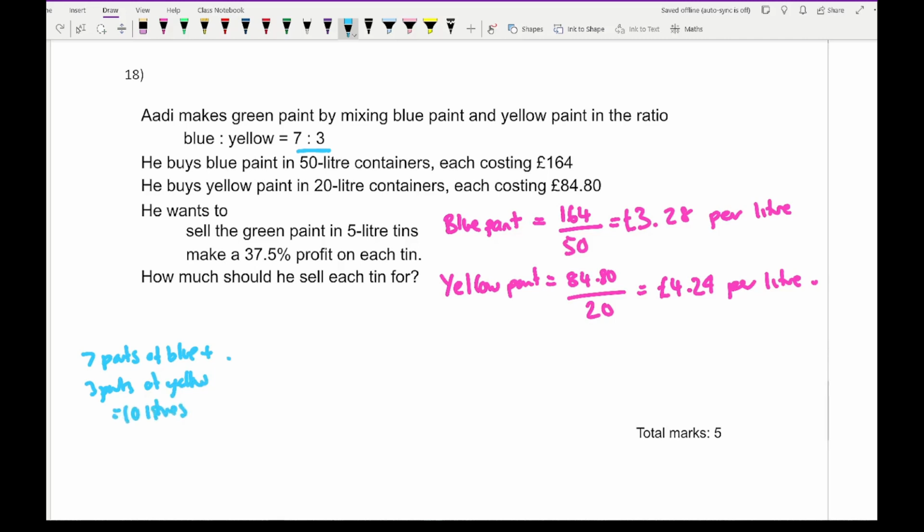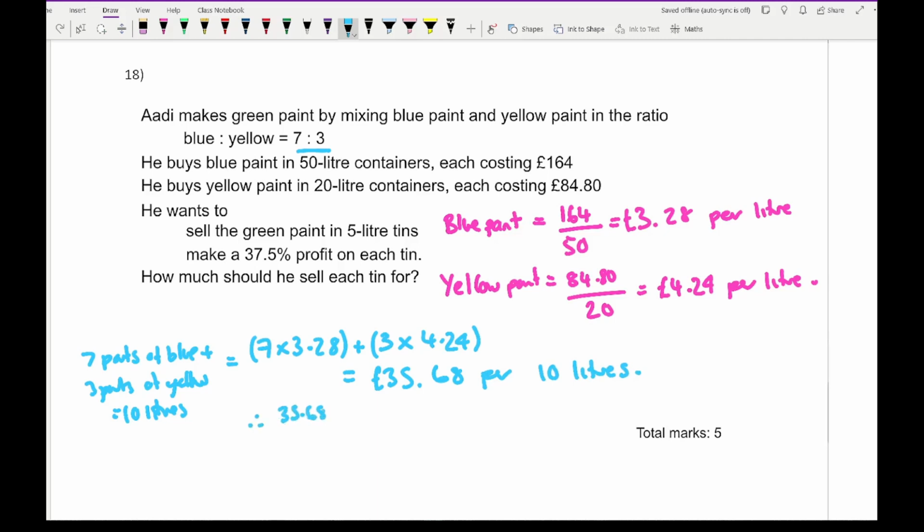So the cost is going to be 7 times £3.28 plus 3 times £4.24, and that comes to a total of £35.68 per 10 litres. So for 5 litres, if I halve that, 35.68 divided by 2 comes up to a price of £17.84 per 5 litres.